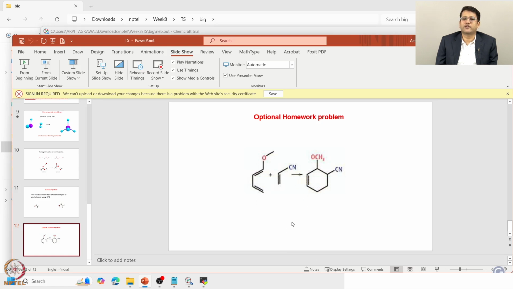So this we will do separately. It is an optional problem. If you do not want to do it, you can skip it, but we will anyway solve it next week and try to understand how the molecular orbitals can give you an idea about the transition state. So this is for this week up to now.